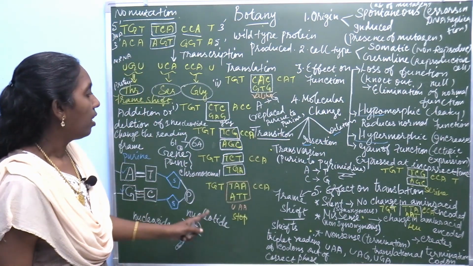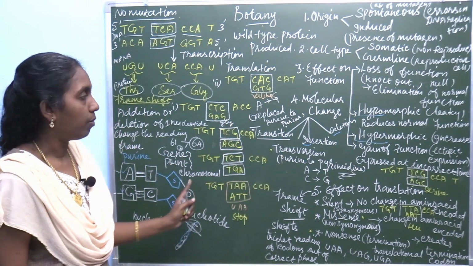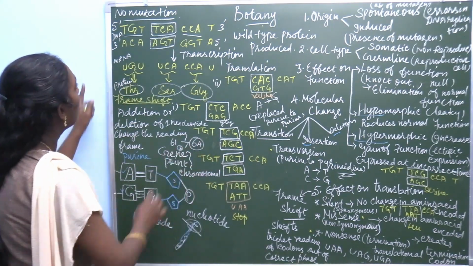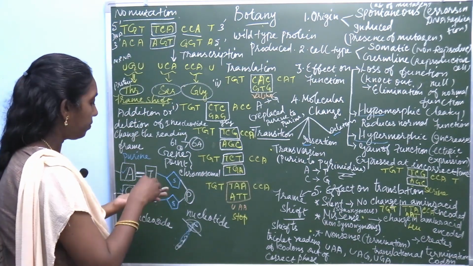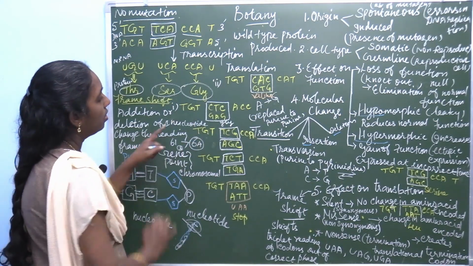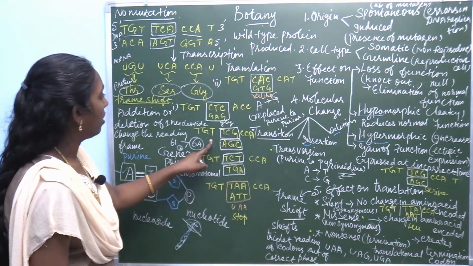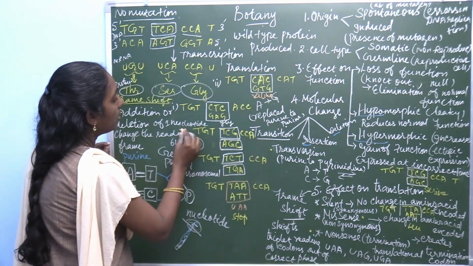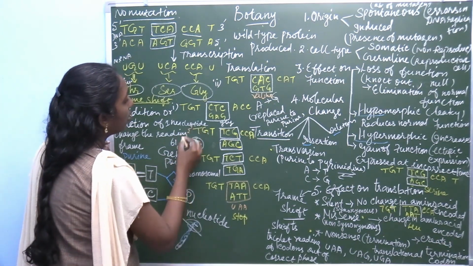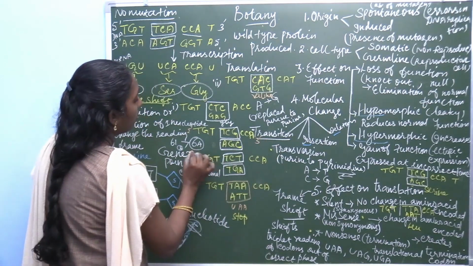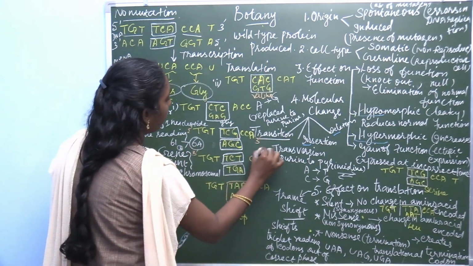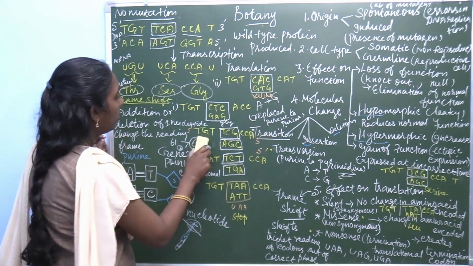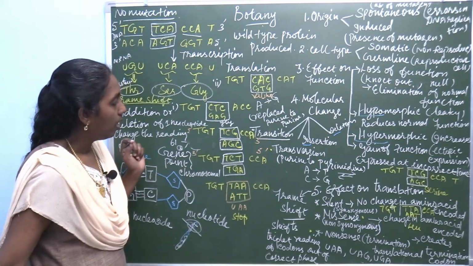Let's see how this change takes place. See this DNA sequence, this is the normal one. It has a 5 prime and a 3 prime direction.